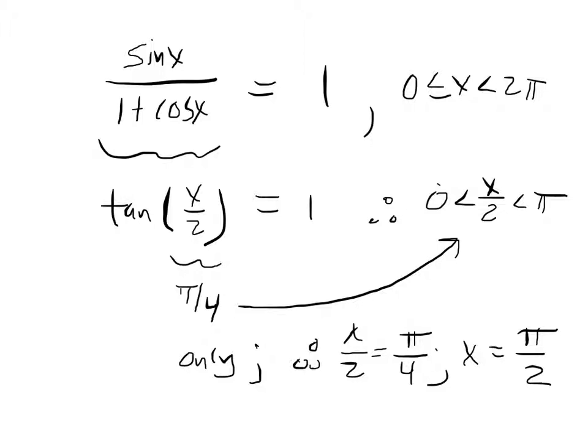What angle between 0 and pi has a tangent equal to 1? The only angle is pi over 4, because at 3 pi over 4 the tangent would be negative 1. So therefore, x over 2 has to equal pi over 4, or x equals pi over 2.